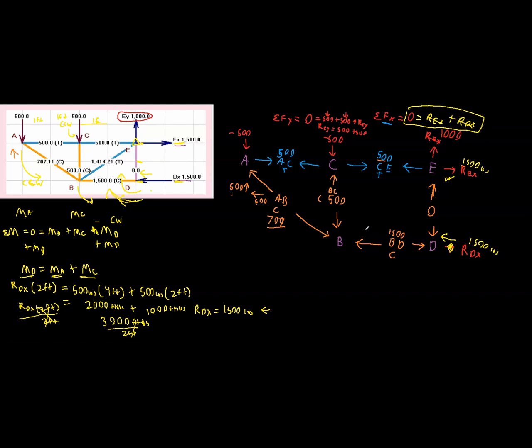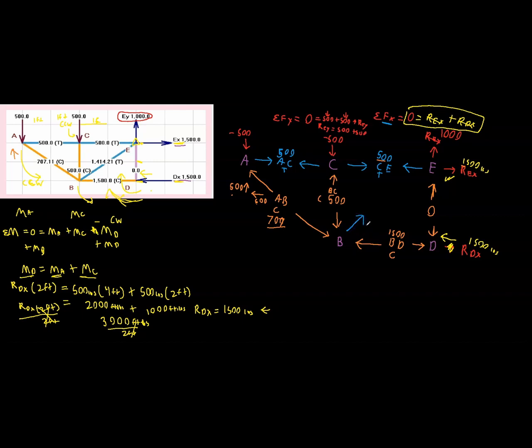Where is the upward force at B? If you only have downward forces at B, then B has to be falling down. Something has to be pulling B back up, and the only thing left to pull B up is a force of tension, and it's pulling up and to the right.